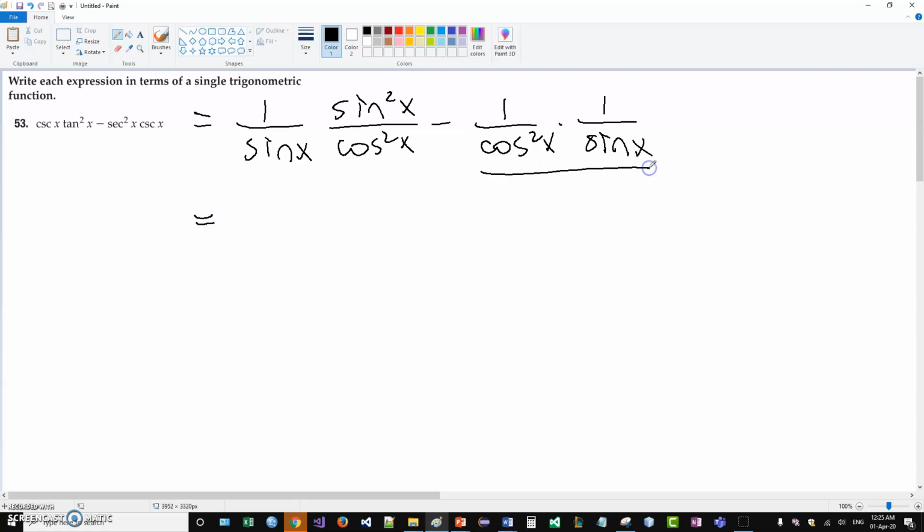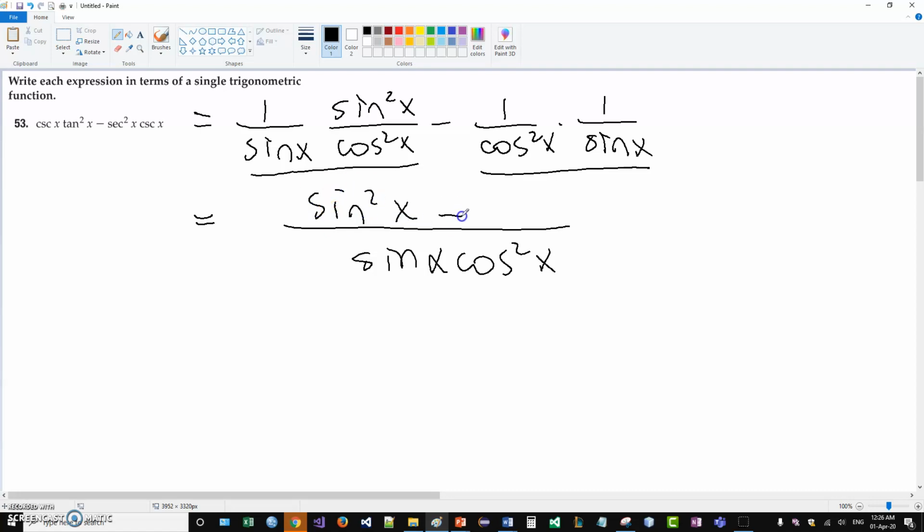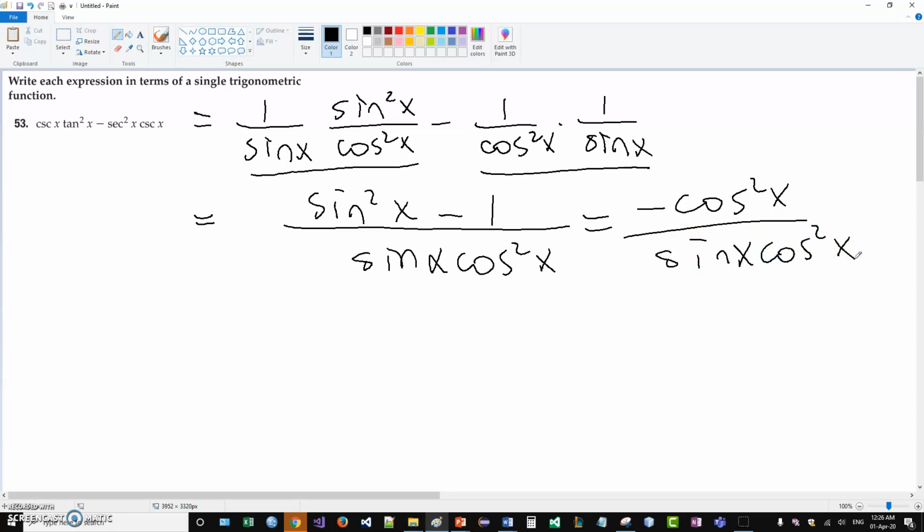Alright, notice that these two are the same. Alright, so we already have a common denominator, sine x cosine square x, divided by, so this is sine square x minus 1. Again, sine square x minus 1 equals minus cosine square x over sine x cosine square x.